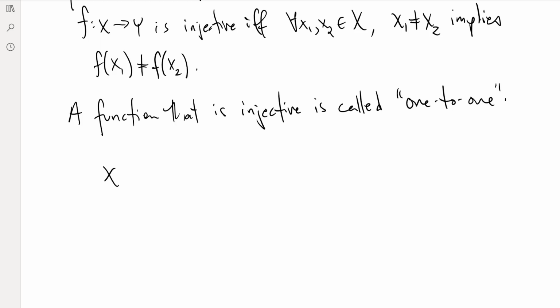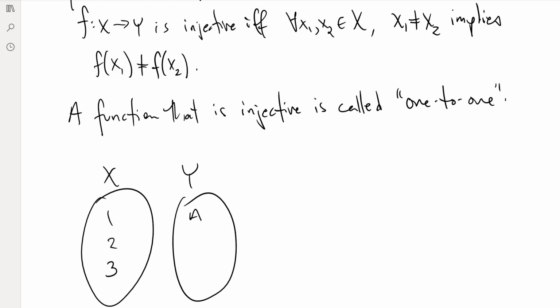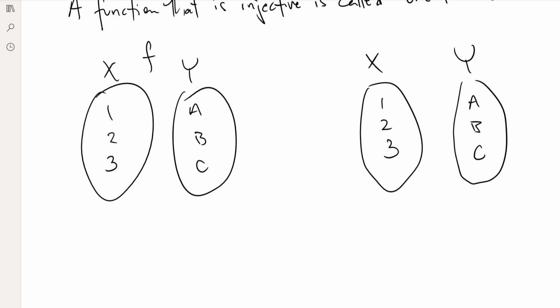Let's say we have a domain x and a codomain y. Let's take elements 1, 2, 3, and a, b, c, and compare two functions, f and g, that map values from the domain x to the range y.